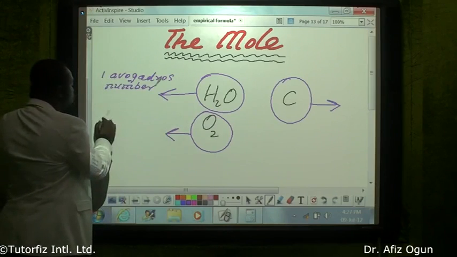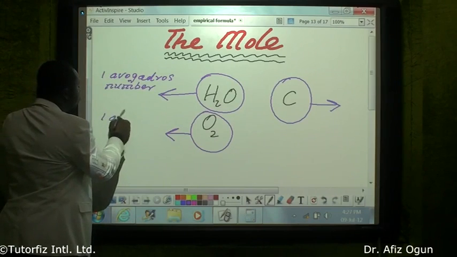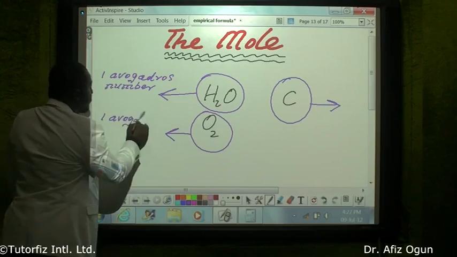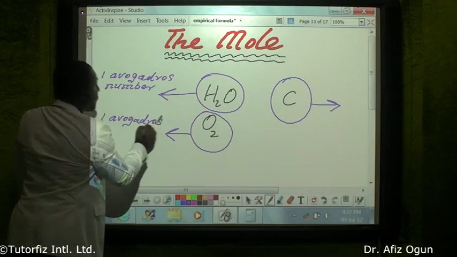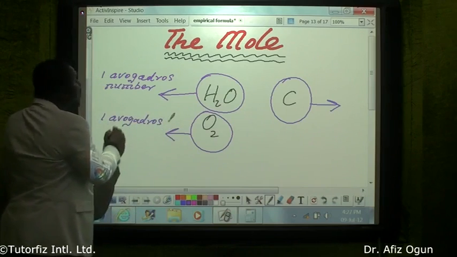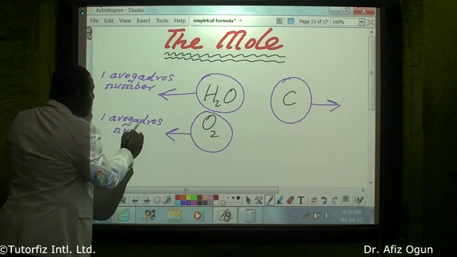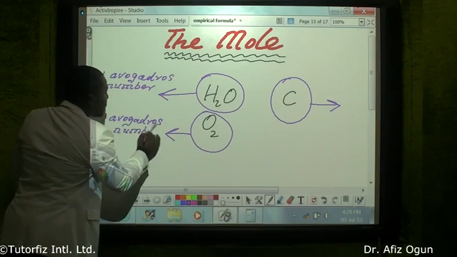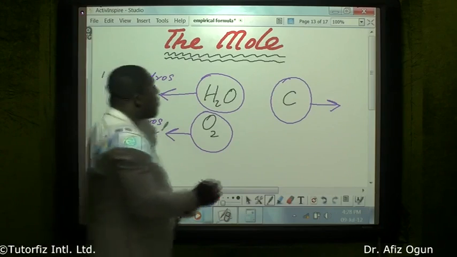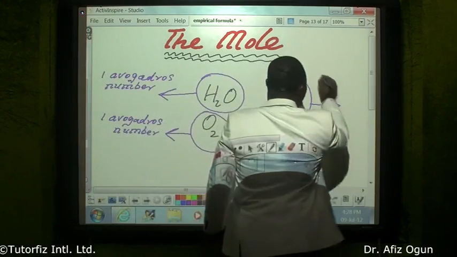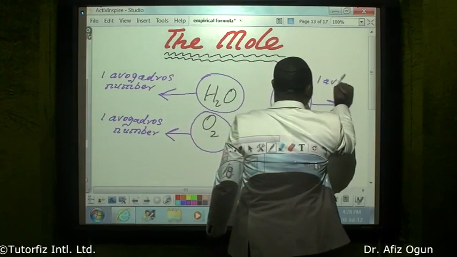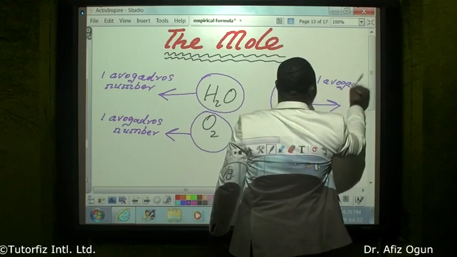One mole of O2 contains one Avogadro's number. What is this Avogadro's number? What is this magic number? One mole of carbon will also contain one Avogadro's number.